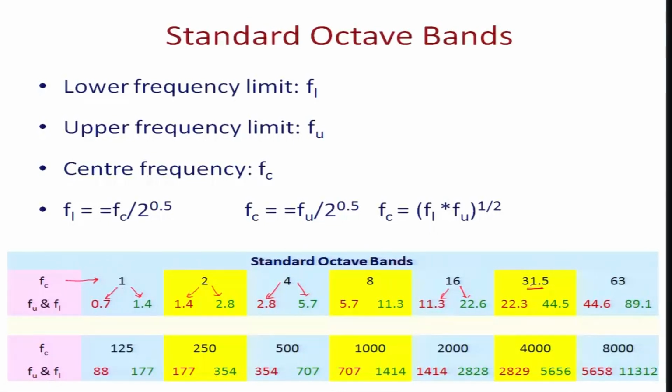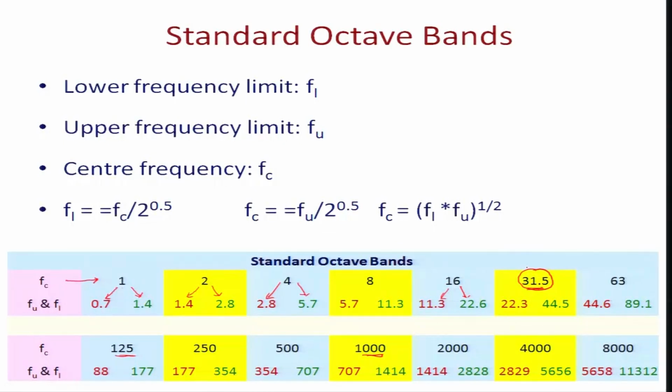Why? We will see that later, because when you multiply 31.5 by 2, you get 63, and then you multiply it again by 2, you should get 126, but rather we use 125 because we want to end up at 1000. So this is one variation, 31.5.